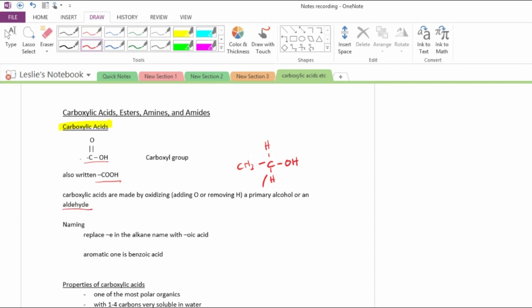And remember, an aldehyde is where we had that, and that's an oxygen.